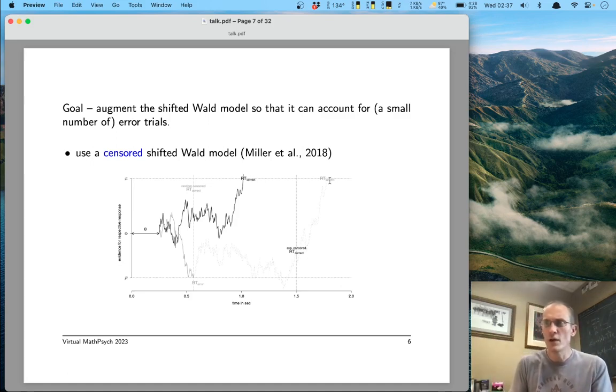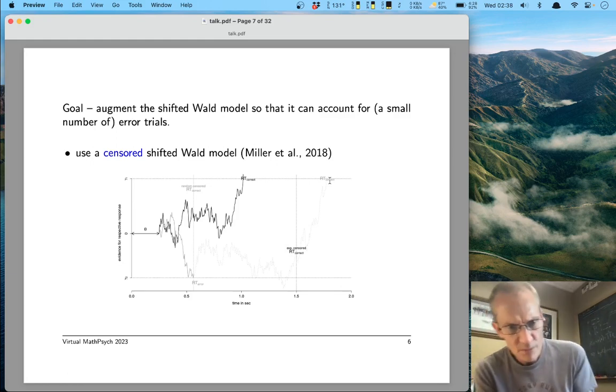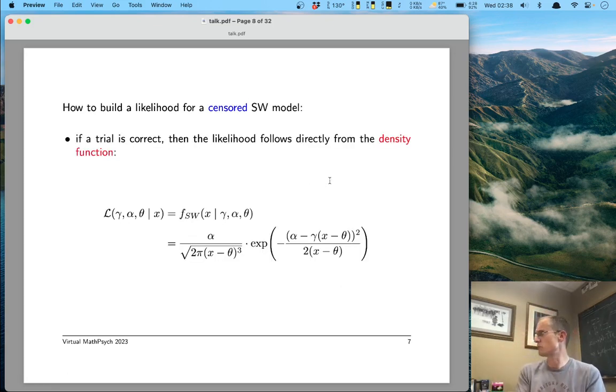So if you press a button and you get it wrong, what you've really done is you've censored or stopped an accumulator before it had time to fully realize itself toward the correct boundary. And so censoring in this context is exactly how the censored shifted Wald model handles errors. It considers error trials as trials which have been censored, and the censoring time is itself a random variable. Okay? So that's kind of a conceptual description of what a censored shifted Wald model looks like.